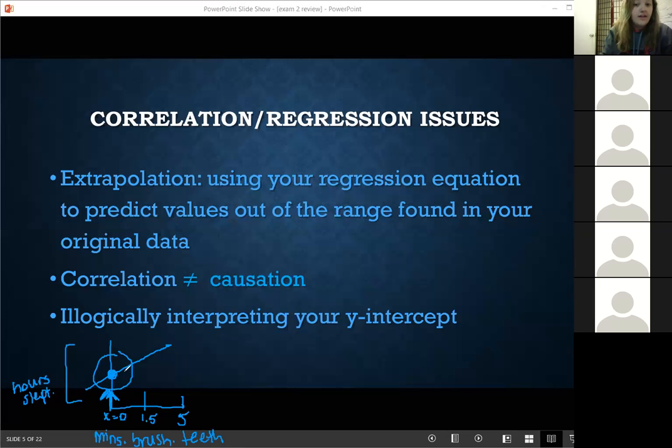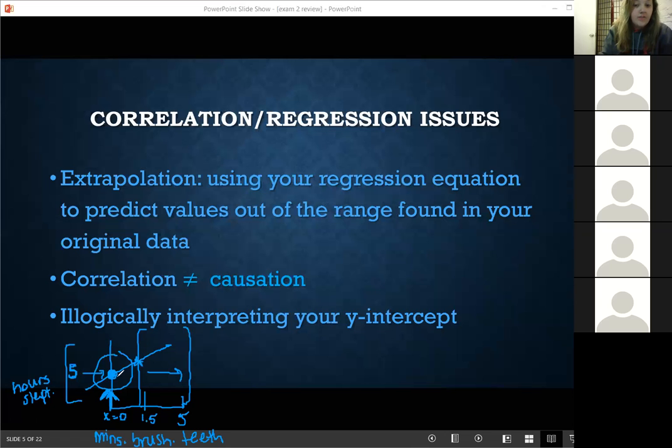And then whatever this y variable is, let's say that this is technically a y variable of like 5, but let's say that the people that you found data about were only from here to here, so you only found data from people who brushed their teeth from 1.5 minutes to 5 minutes max. So that means that basically your first y variable starts right here.